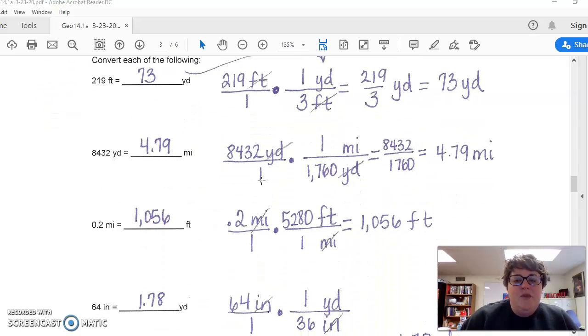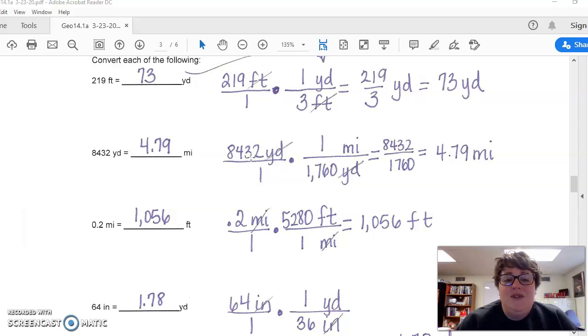To convert from one to the other, if we work with the English system, I've set this up basically as a mathematical sentence. You're multiplying, but the thing you have to remember is, like in the first example, 219 feet to 73 yards, you have to eliminate the feet and go to yards.